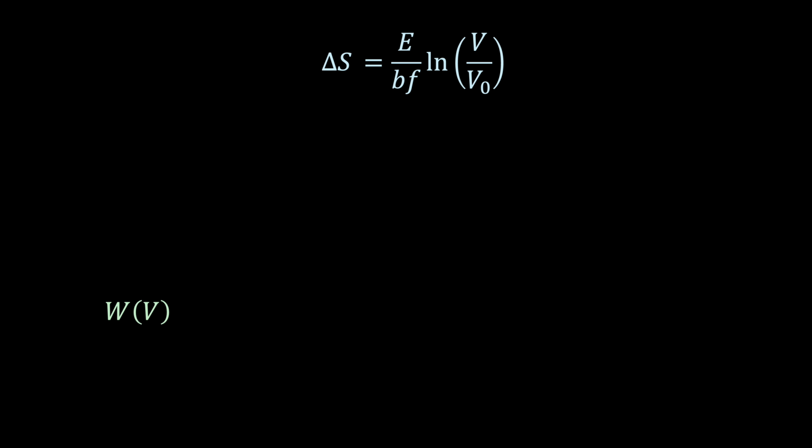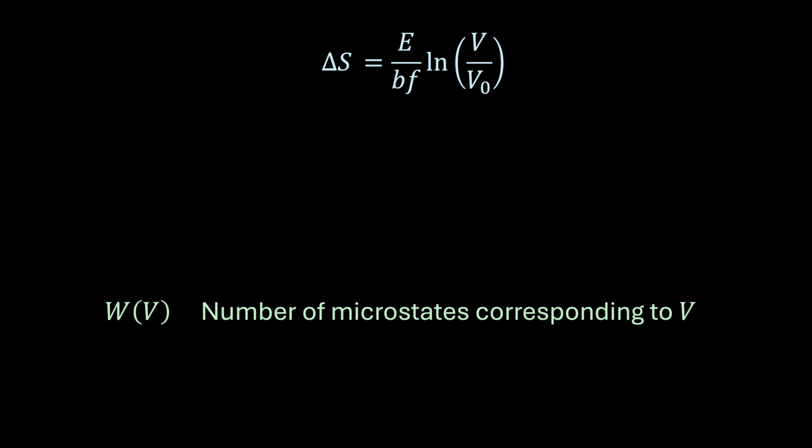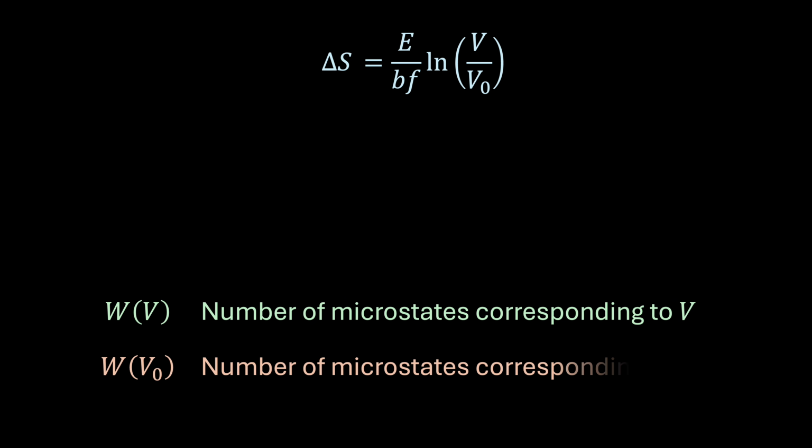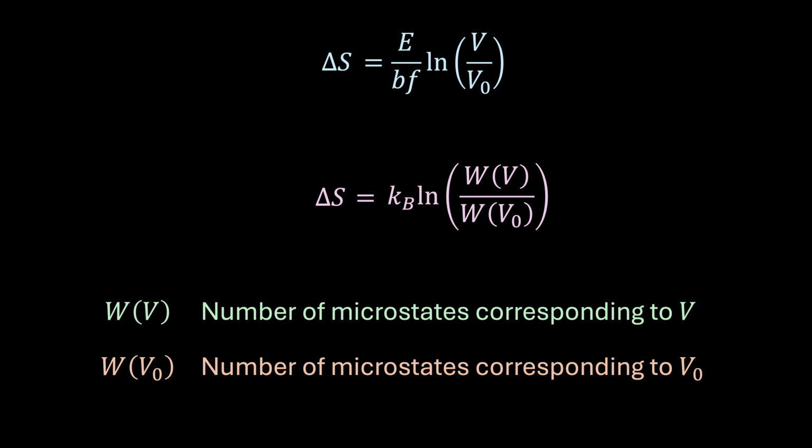If we let W of V be the number of microstates compatible with radiation occupying volume V, and W of V0 the number of microstates compatible with the same radiation occupying volume V0, then, according to Boltzmann's principle, the entropy difference between these two macrostates is equal to Boltzmann's constant multiplied by the logarithm of the ratio of the corresponding microstate counts. And so we now have two expressions for the entropy change.